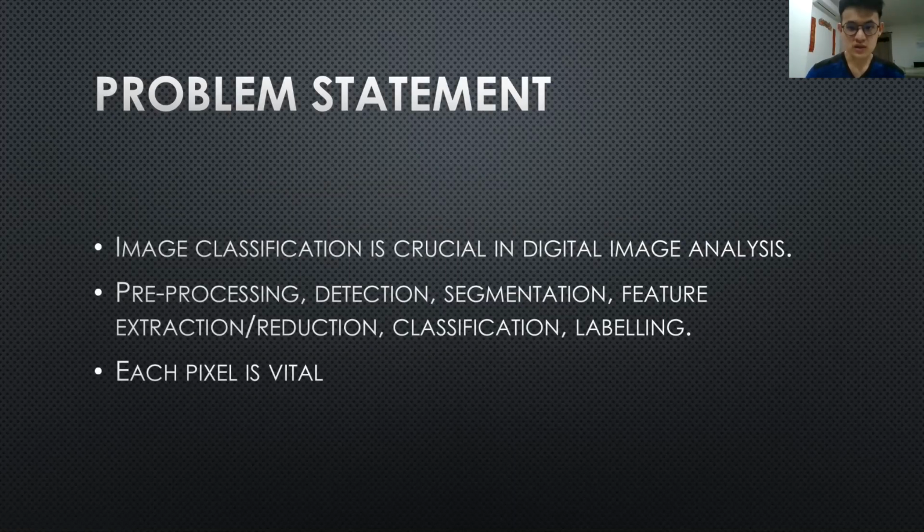Image classification is an important part in digital image analysis because it involves pre-processing of data, detection, object segmentation, feature extraction or reduction, classification, and labeling. So it is an important part. And then I use a dog-cat classifier as an example to present this image classification model.